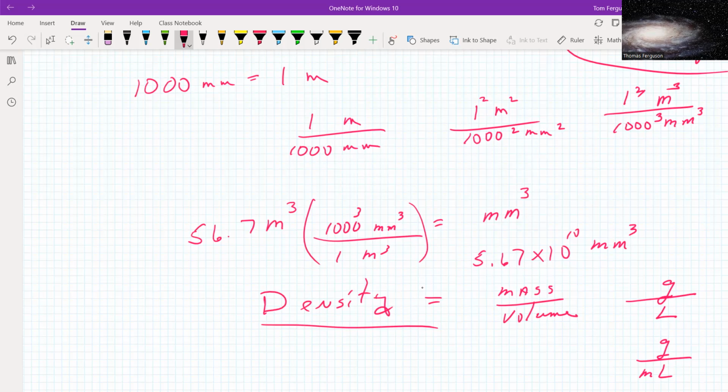Now, this was utilized a whole bunch during the gold mining days. There's a chemical called iron pyrite that looks just like gold.